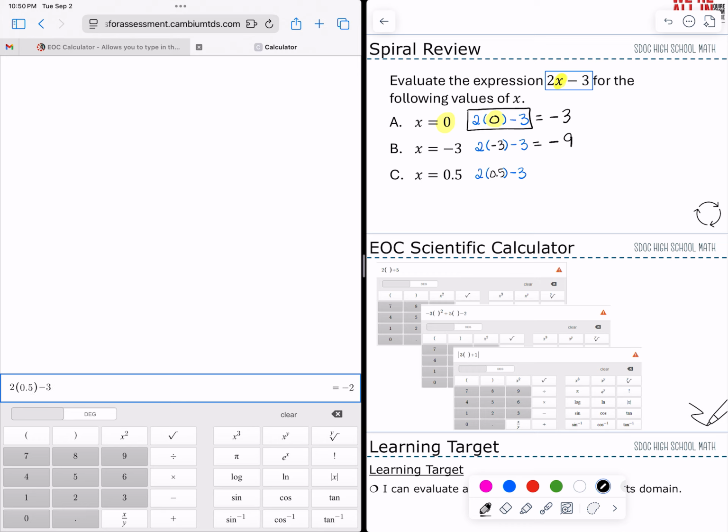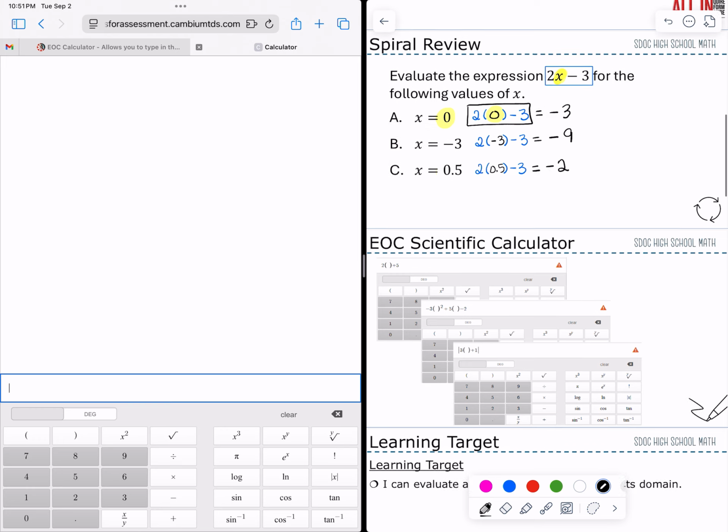So now we have that equals negative 2. This calculator is really handy when it comes to typing in an entire expression. Let's clear that because we are done with that equation.